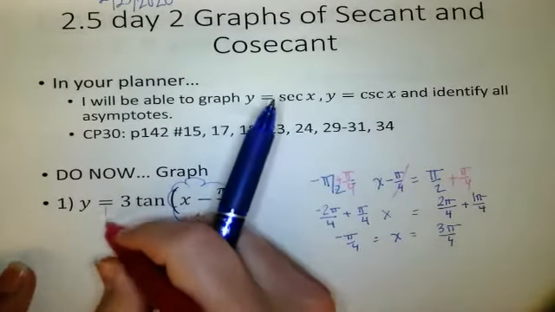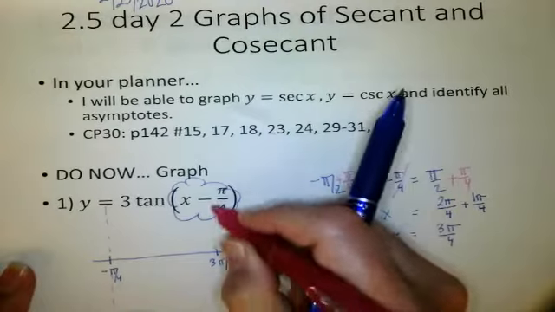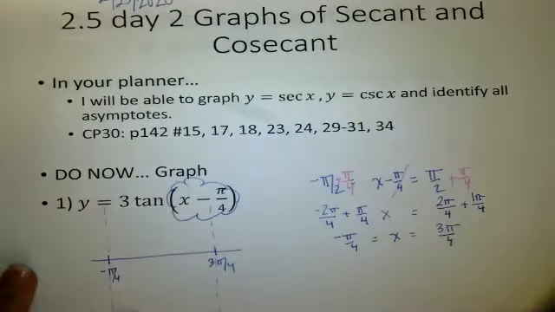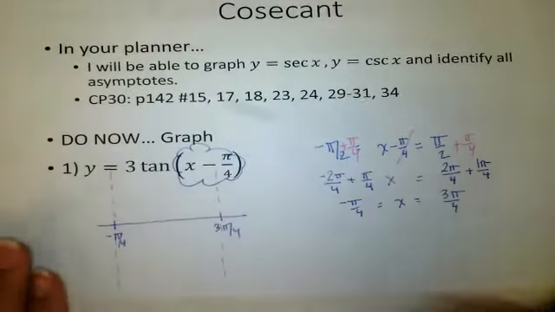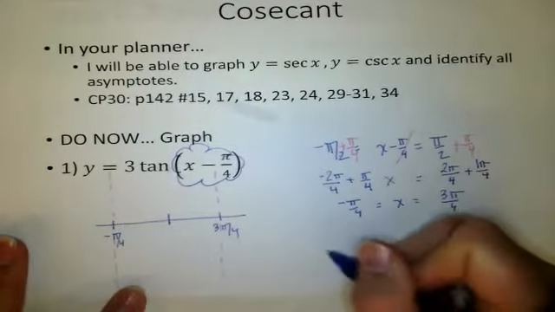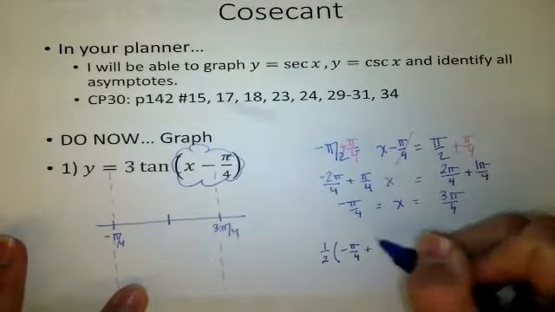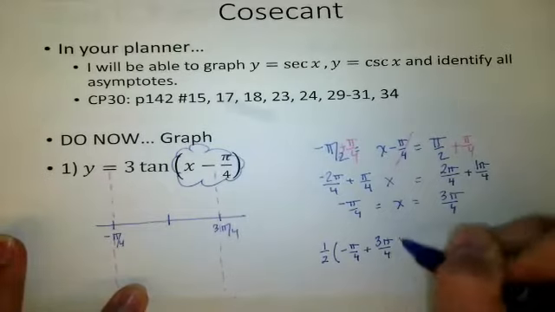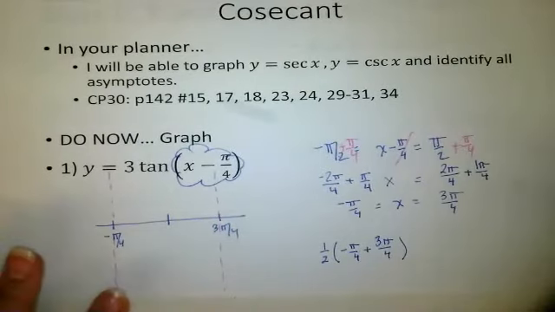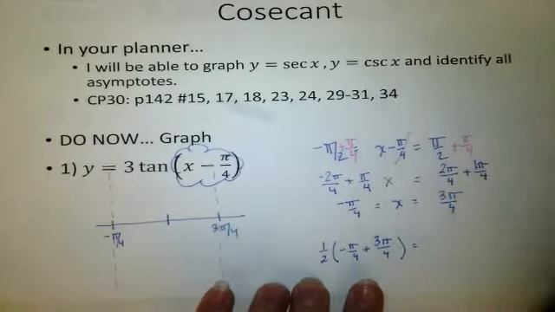Those are asymptotes. To actually graph the tangent function, we need to find the midpoints. What is halfway between negative pi over 4 and 3 pi over 4? Remember that? Okay.